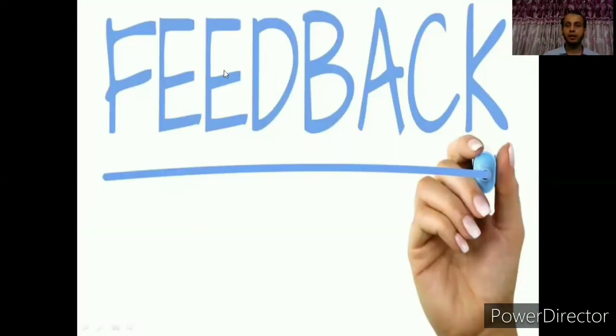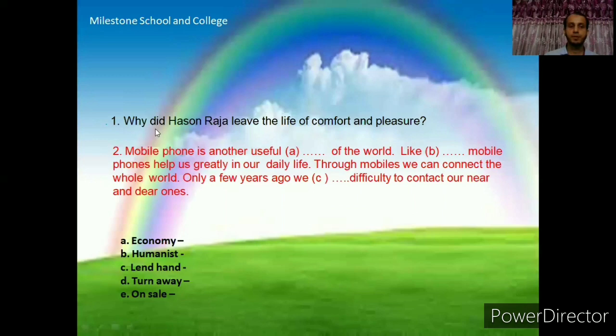Feedback. We have learned some short questions, fill in the gaps and word meaning, and now let us try to give feedback on our lecture. Number 1, why did Hasan Raza live the life of comfort and pleasure?